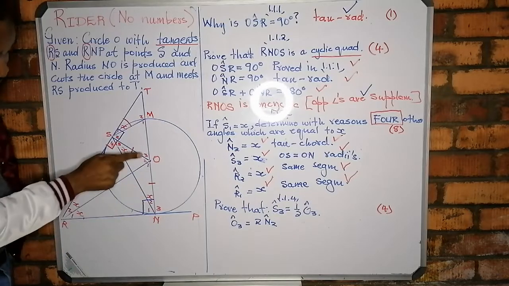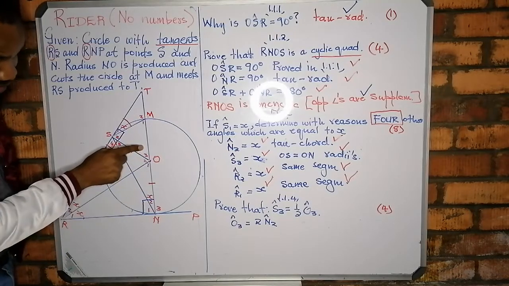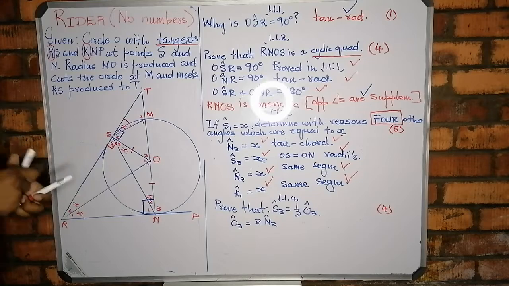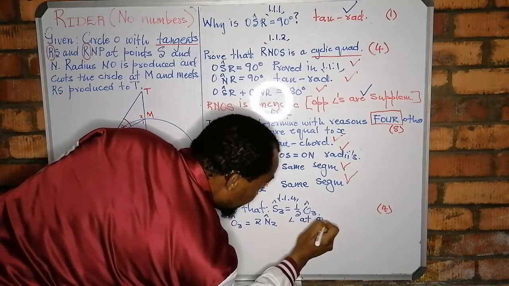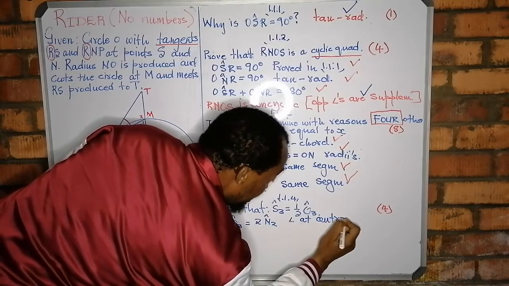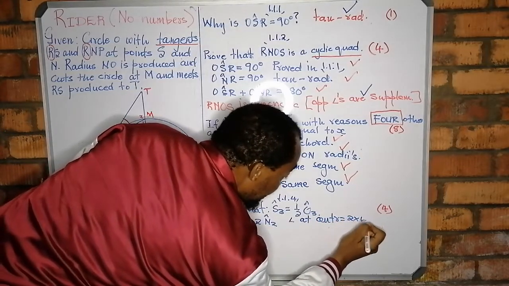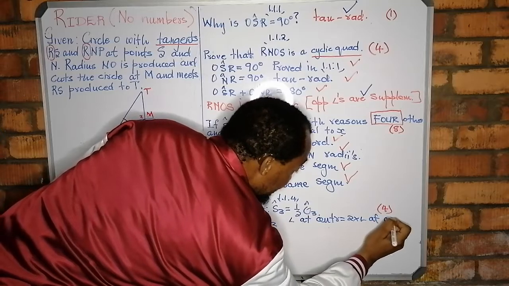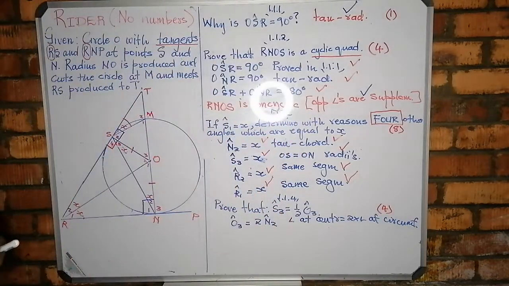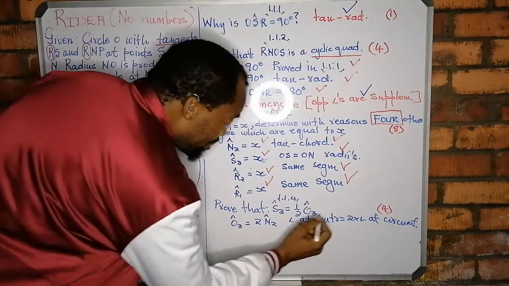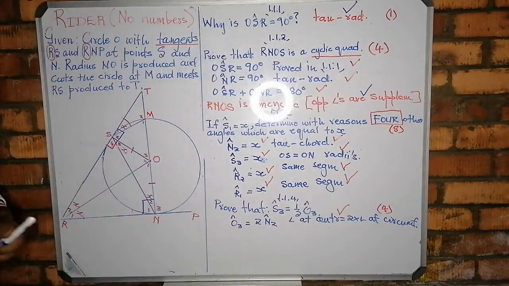Now, that means that if this is x, this is 2x. My reason is going to be angle at center is equals to twice the angle at circumference. Beautiful. Am I not scoring my first mark? I do.